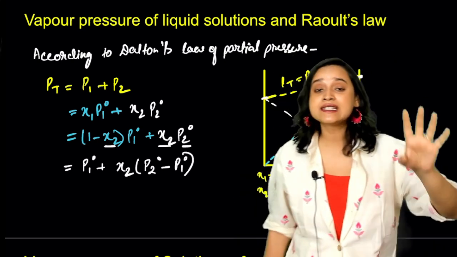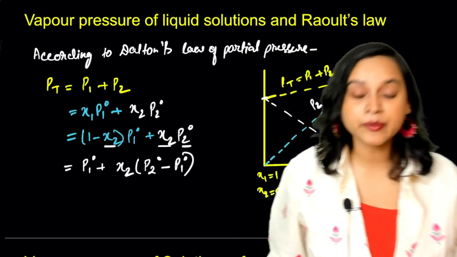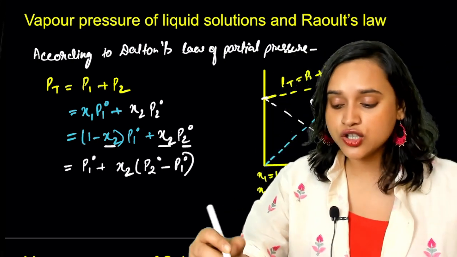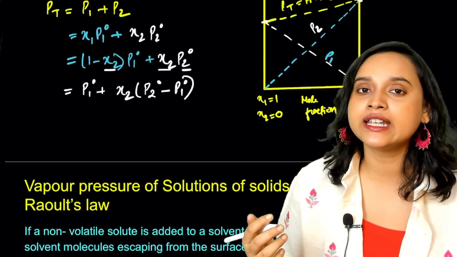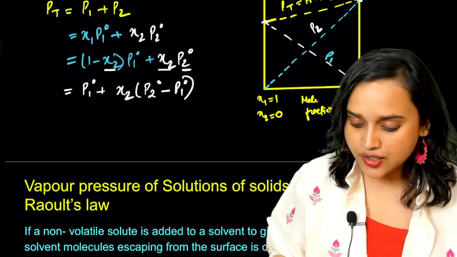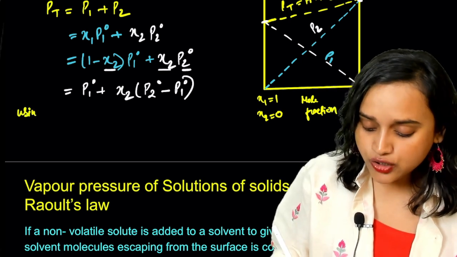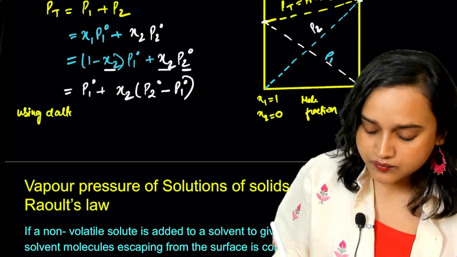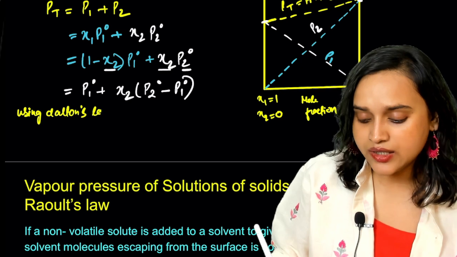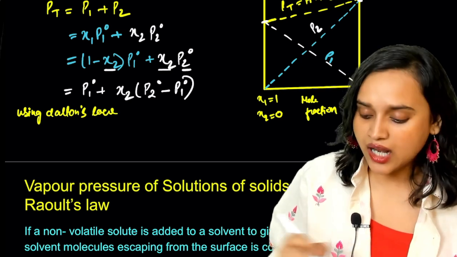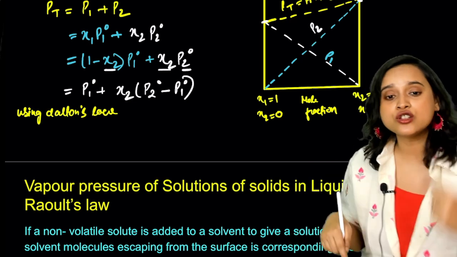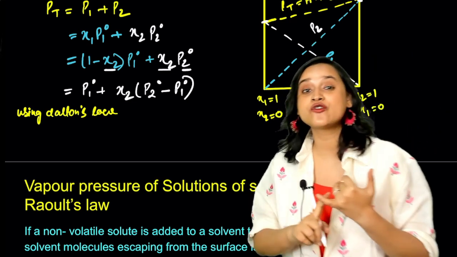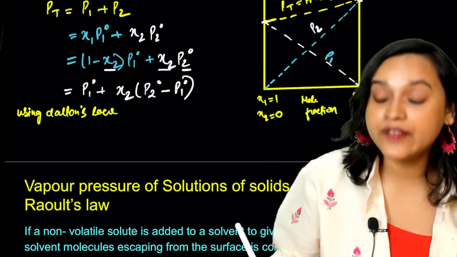Now, because Dalton came into the picture, we also have to understand one more thing: using Dalton's law, you can also find the mole fraction of components 1 and 2 in the vapor phase.